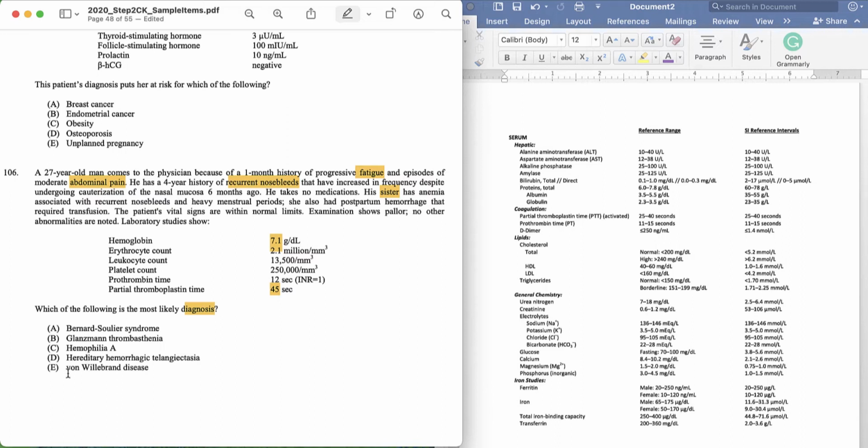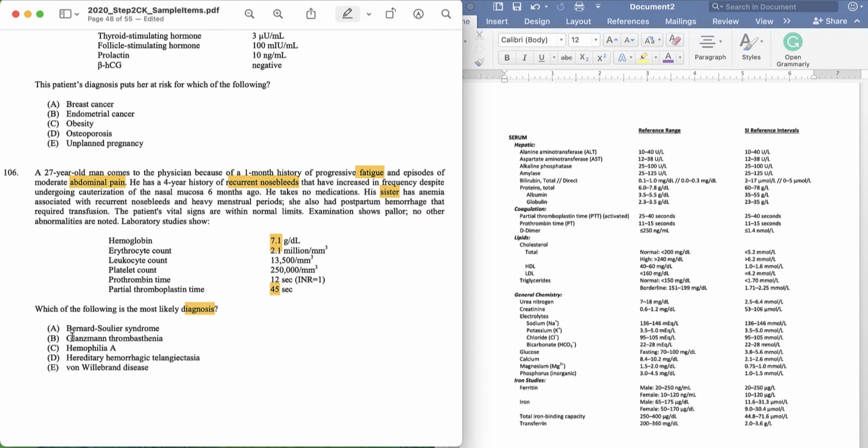I do recall that von Willebrand can look like hemophilia a little bit, which we might have thought about because of the PTT. That involves factor VIII, I believe, so the PTT can be a little affected in von Willebrand disease, but not by the same etiology as hemophilia. So I think that's probably where the answer's going to be, as opposed to A and B.